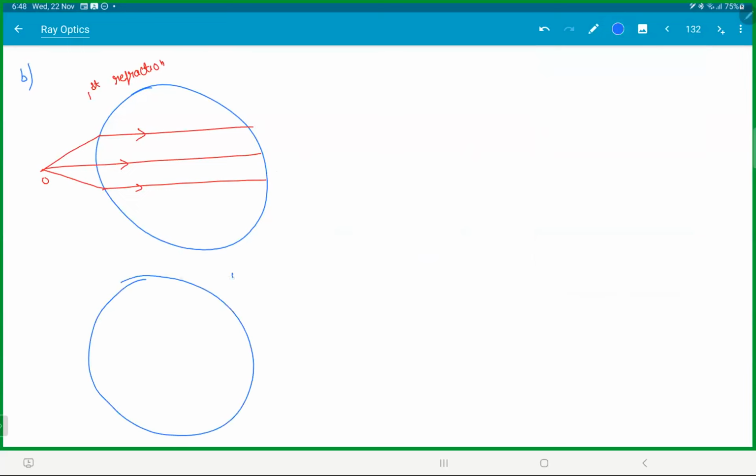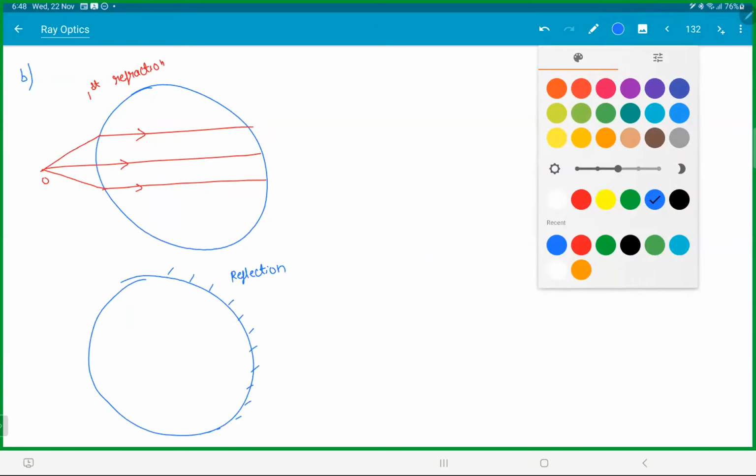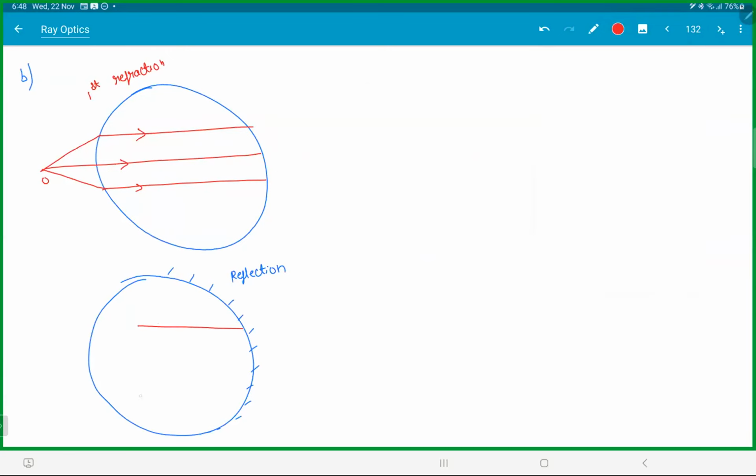Then reflection. These light rays which are parallel, where will they meet? If you send parallel light rays on a spherical mirror, they meet where? At the focus. That will be a distance of R by 2.